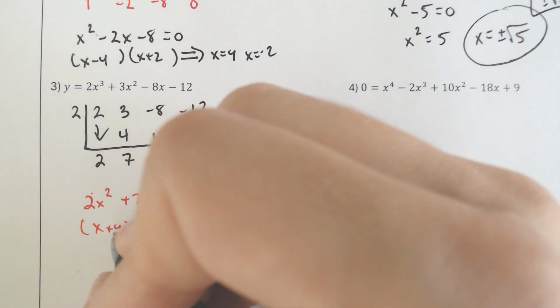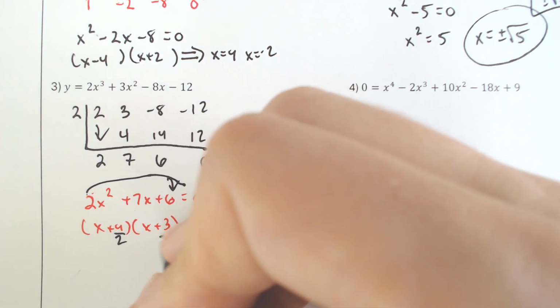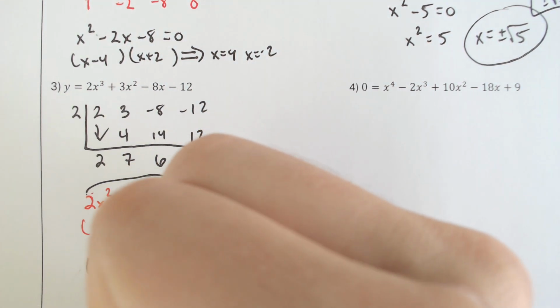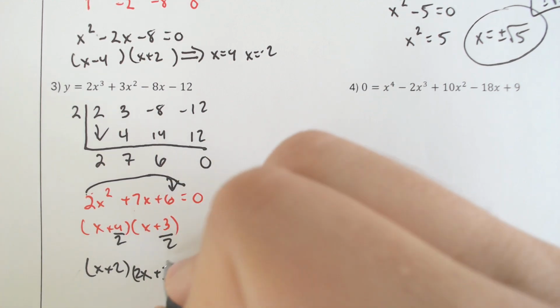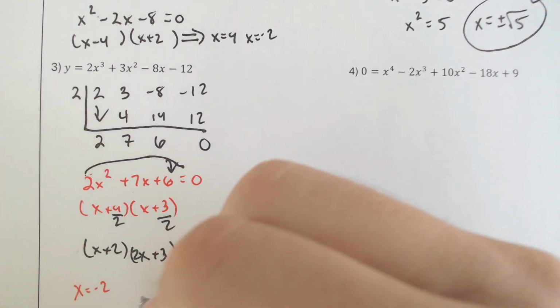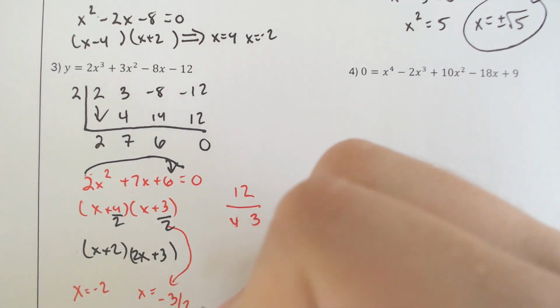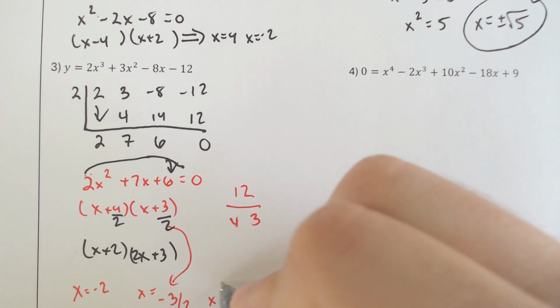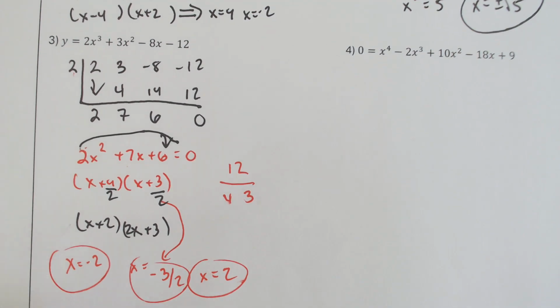We divide both of these by the 2 because we multiplied by the 2 in the beginning. So this is going to be x plus 2 with the technically 2x plus 3. But our zeros would be x equals -2 and x equals, if you change the sign of this one, -3/2. And do not forget the original 2 that we used to get our answer.